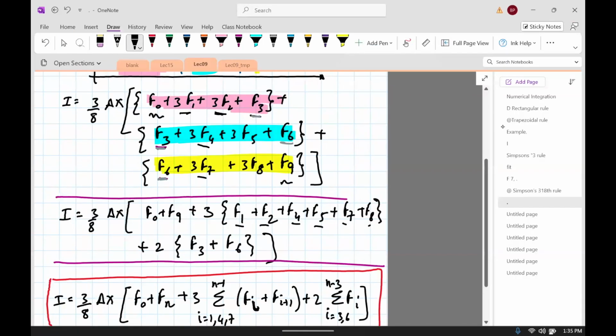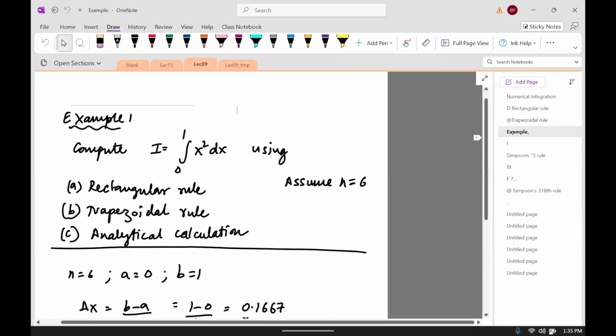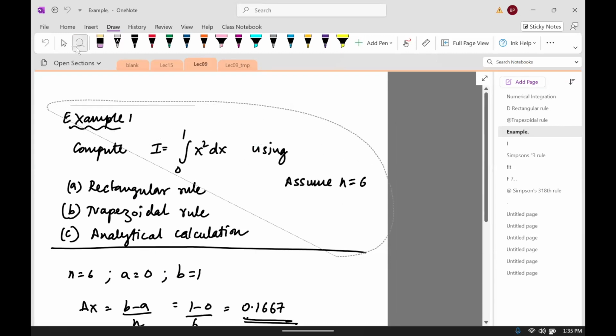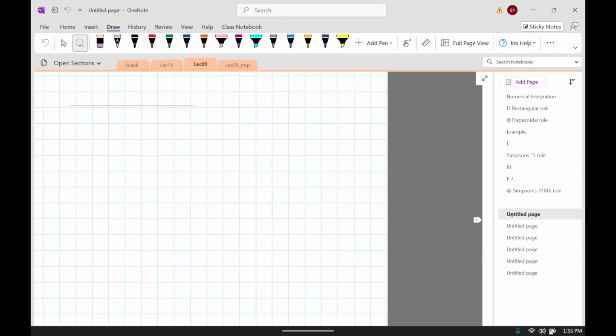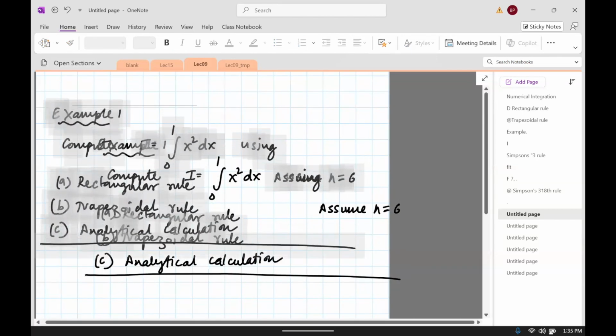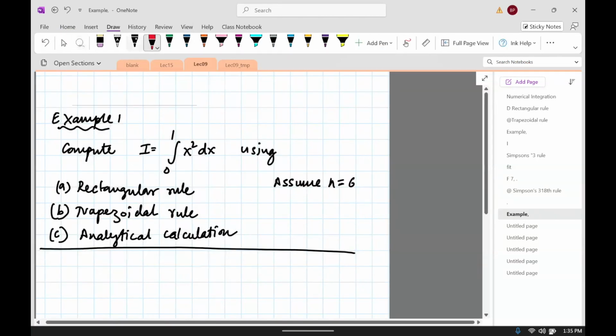So the problem we did last time was this one, and it's the 1/3 rule.